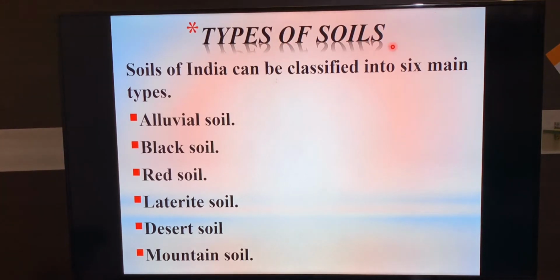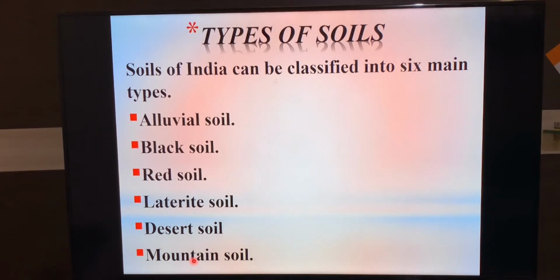Types of soil. Soil of India can be classified into 6 main types. So how many types are there, children? 6 types. The first one is alluvial soil, second black soil, third red soil, fourth laterite soil, fifth desert soil, last mountain soil.